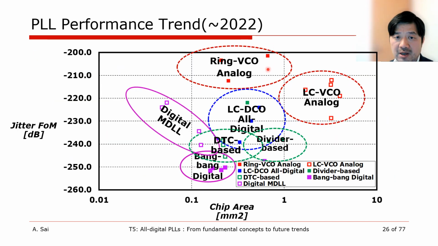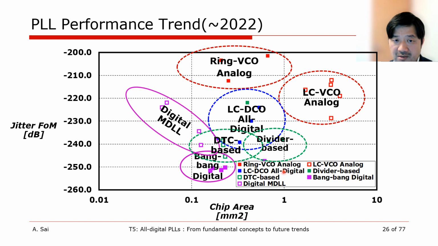Here is the performance trend of PLL up to last year, which will be explained from now on. A big shift has occurred due to the innovation of all digital PLL from analog PLL. Since then, digital PLL has evolved into the advanced digital PLL with the introduction of technologies such as DTC or divider-based DLL and high performance TDC.